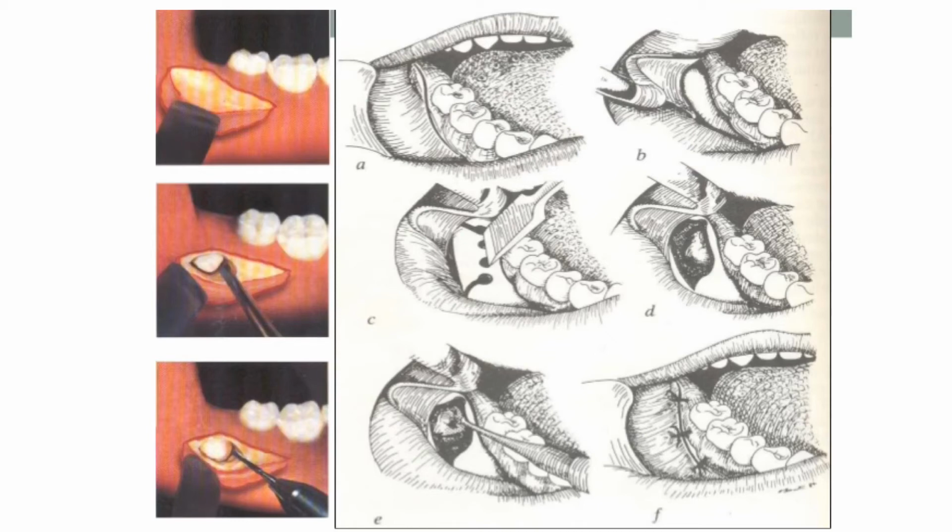So once bone is exposed, small burr holes are created similar to postage stamp method, and the lateral cortical plate is removed by using chisel and mallet. So once the crown portion of the tooth is exposed, tooth sectioning is done by using rose head burr and tooth is removed out of the socket.